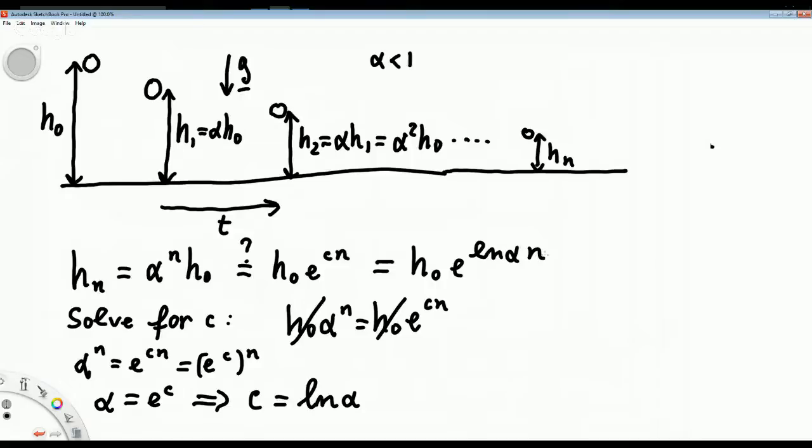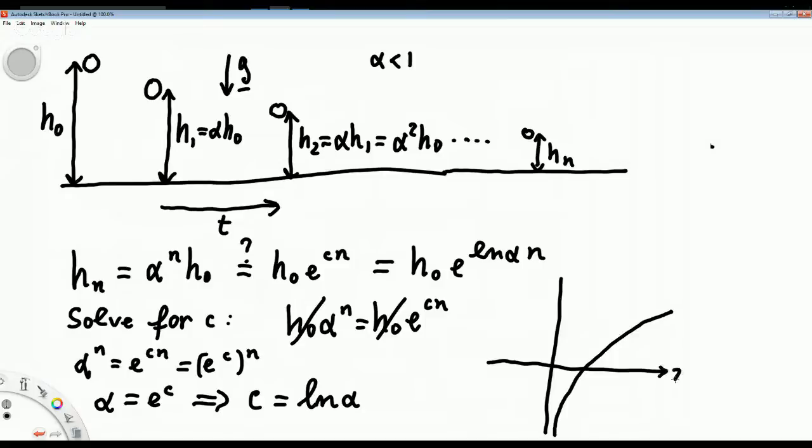And we'll be asked to reassure ourselves that this is a decaying function. So why is that? You might worry that this is e to the something times n, so isn't that going to exponentially increase? Well, is it? C equals the natural logarithm of alpha, and if you remember your sketch of what the natural logarithm looks like, it is something like this.